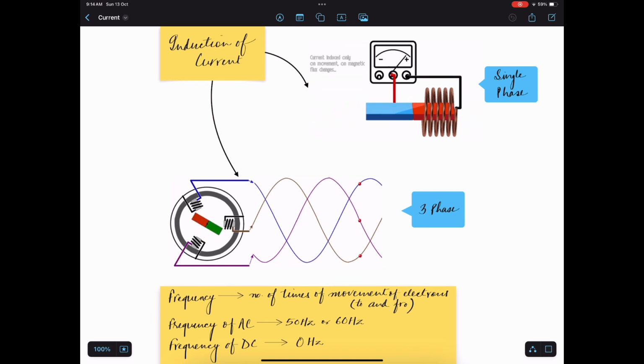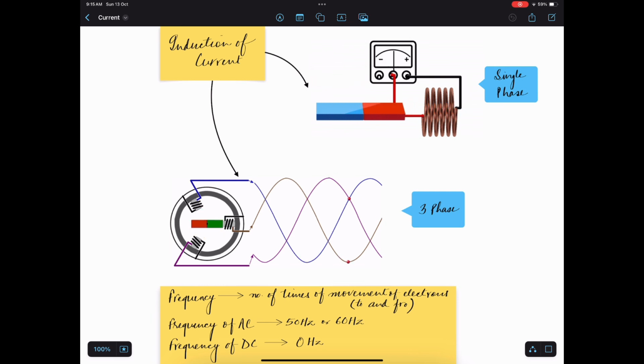This is an example of a motor where there are three stationary magnets, which are the part of a stator, and this rotary magnet in between is the rotor.